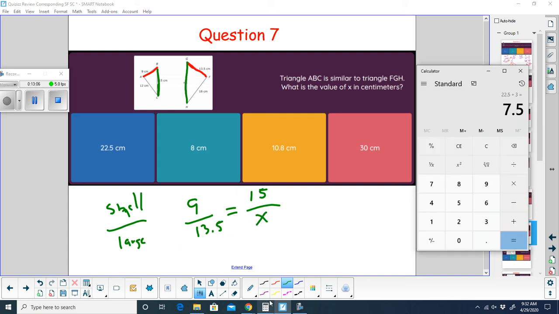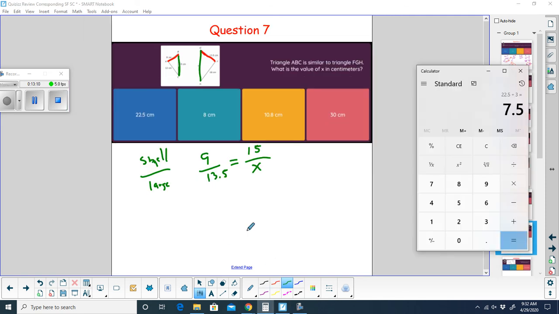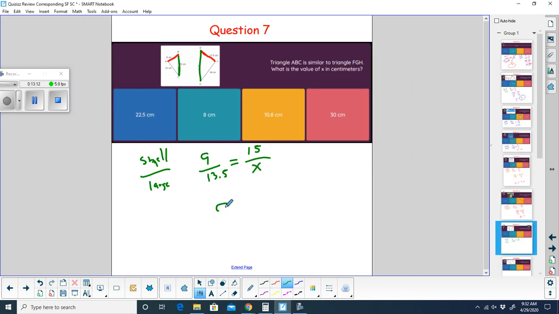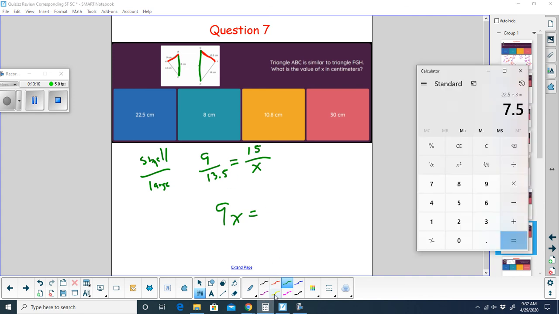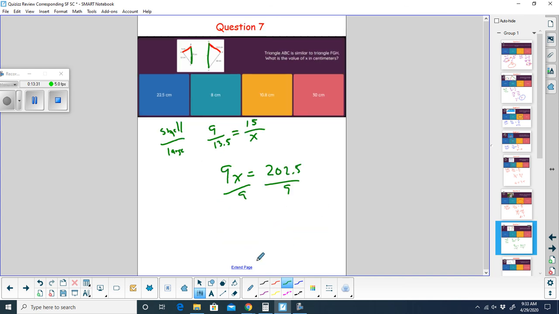No shame in using a calculator to help us out in a problem like this. 9 times x is 9x equals 13.5 times 15. So 13.5 times 15 equals 202.5. Divide both sides by 9 to get x by itself.